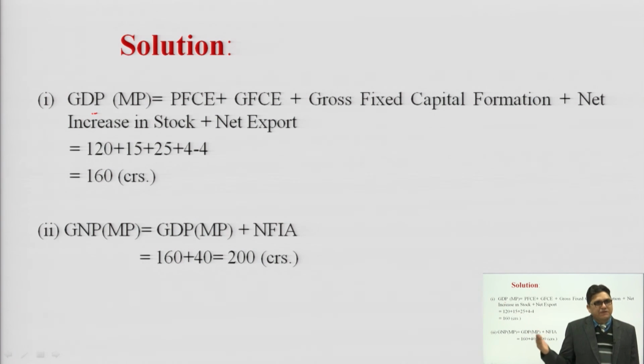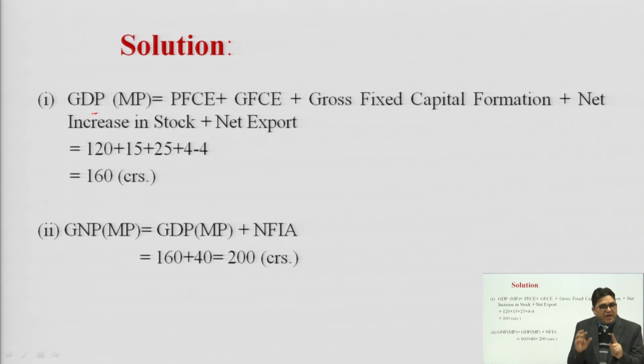In case both domestic as well as export are given, we need to add both of them. The value that we reach by product method will be GDP at MP, gross domestic product at market prices.